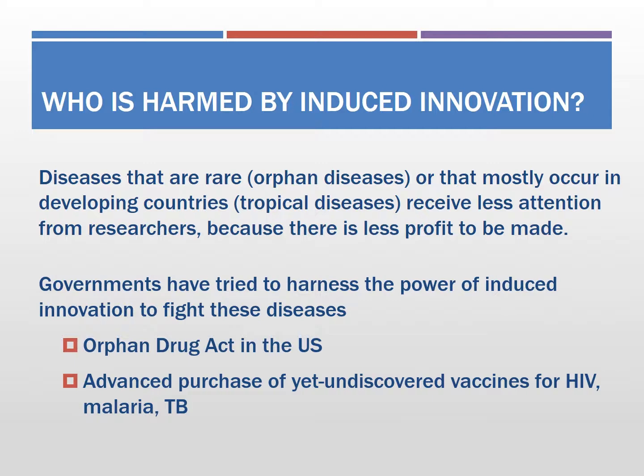Some of those diseases happen in the United States, maybe 100 cases a year, where a new drug might not be profitable because not many people are actually consuming it. So the Orphan Drug Act improved the situation by funding research institutions to come up with solutions, or new drugs, to treat those rare diseases.